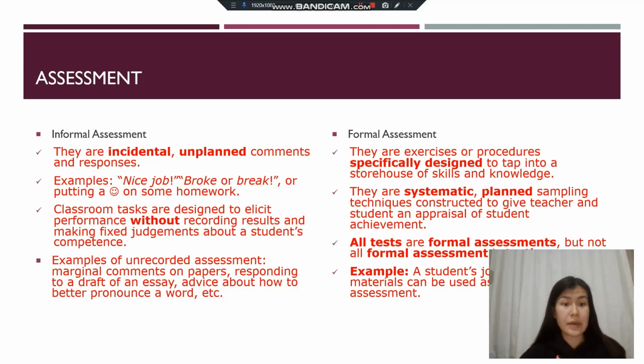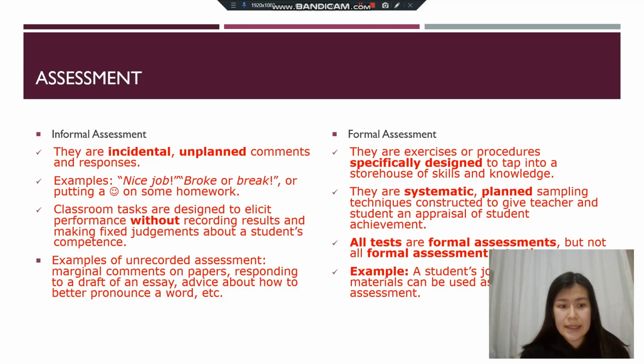Or putting a smile on some homework. Classroom tasks are designed to elicit performance without recording results and making fixed judgments about a student's competence.